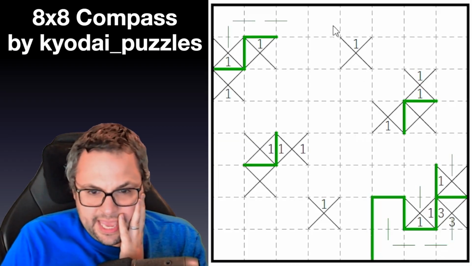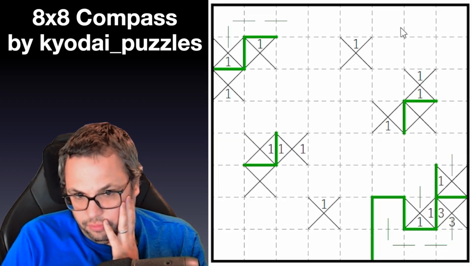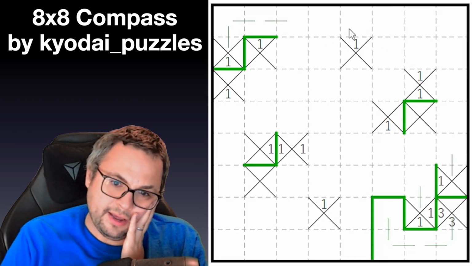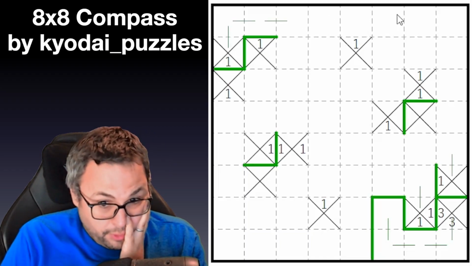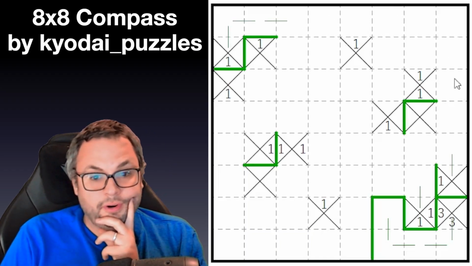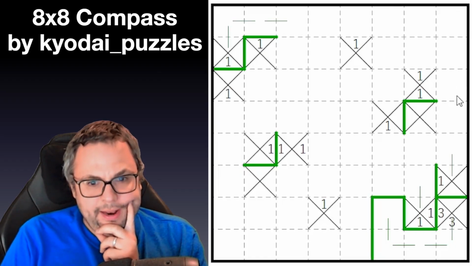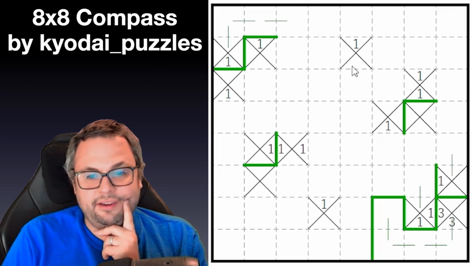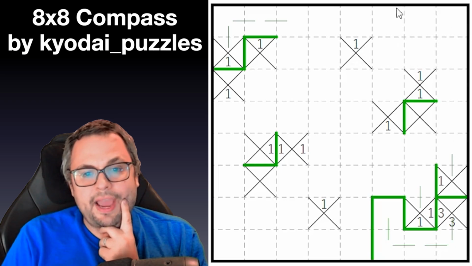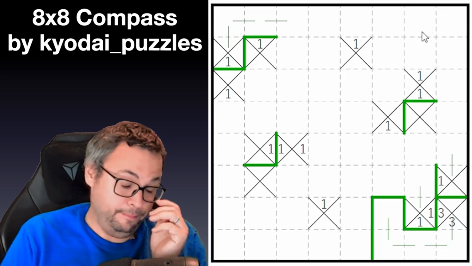But it actually can't go through this corridor. Because if it goes through this corridor and connects over to here, it has isolated this compass from ever getting a cell to the north.